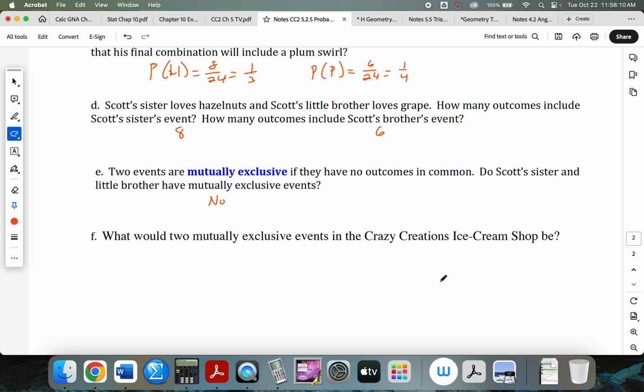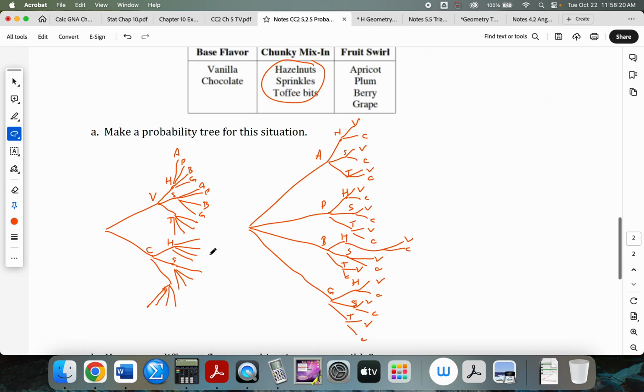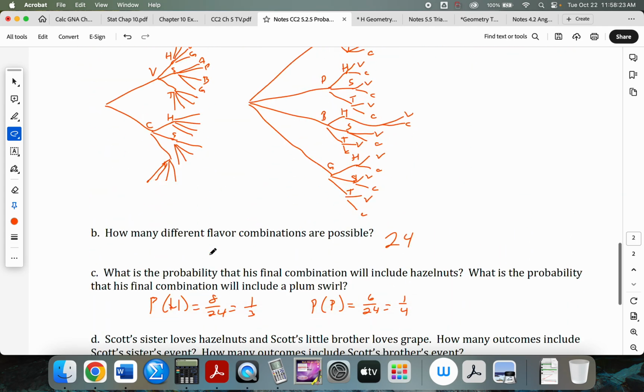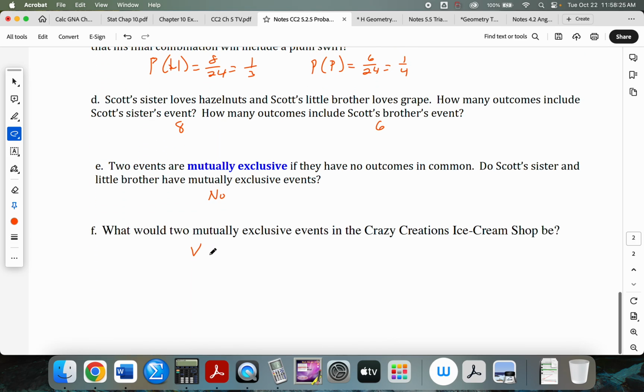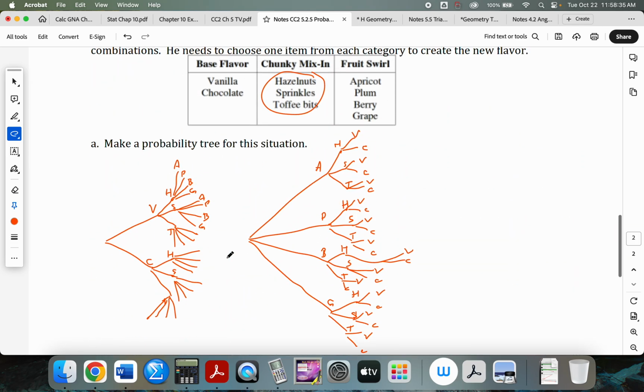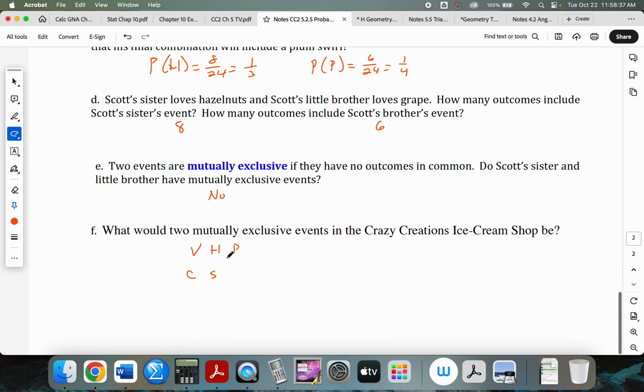What 2 mutually exclusive events in the Crazy Creations ice cream shop could there be? Well, there's lots of them. Yeah, so anything that has vanilla, so you go, vanilla, hazelnuts, plum swirl. And chocolate, sprinkles, and we'll do grape. That sounds horrible.